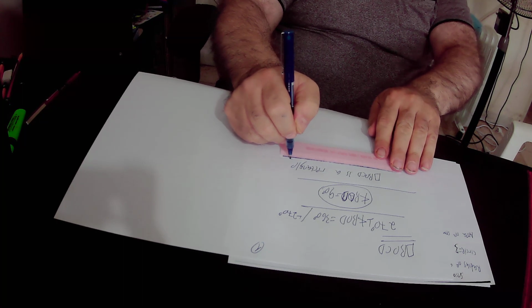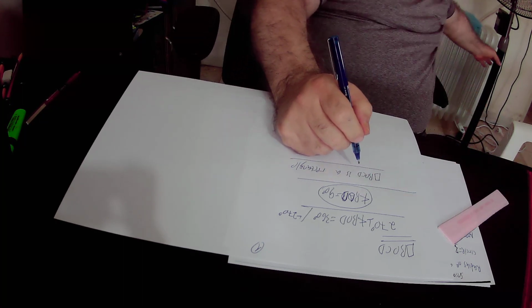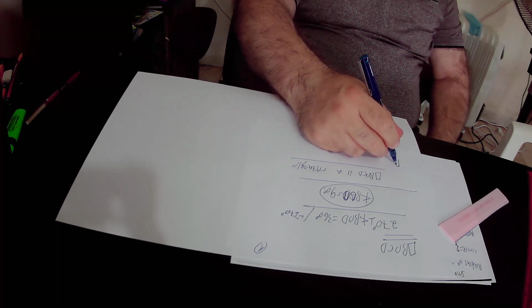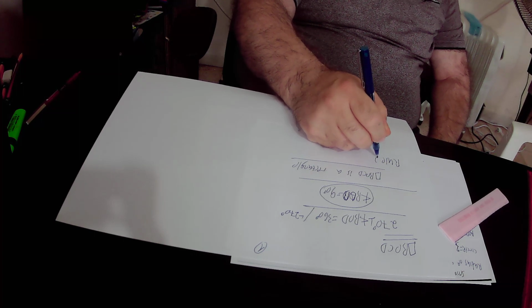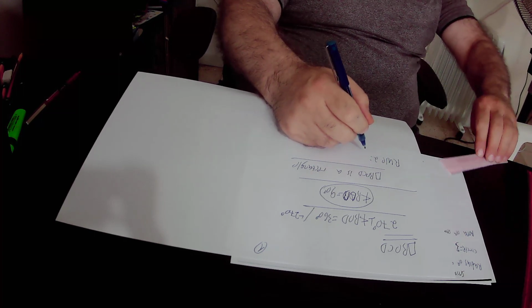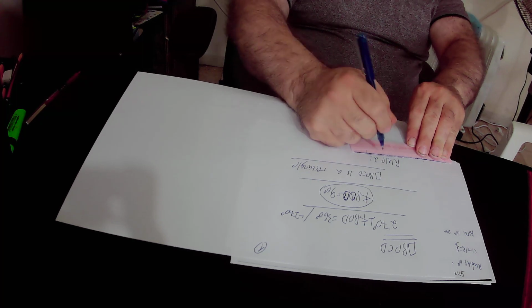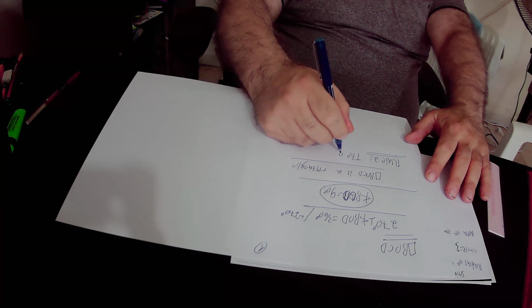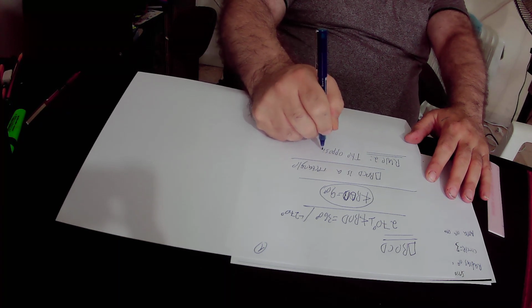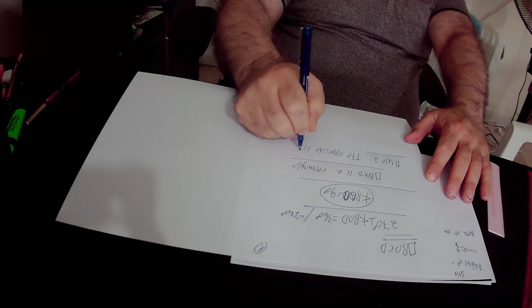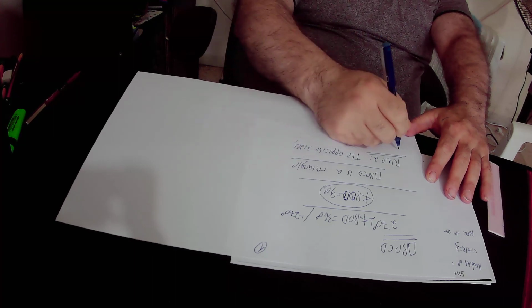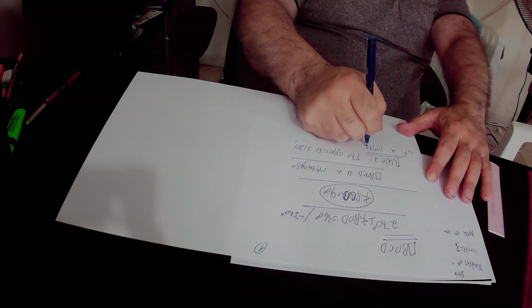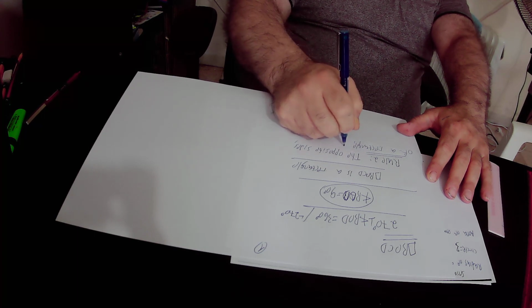And we also have rule number 2. According to rule number 2, the opposite sides of a rectangle are equal to each other.